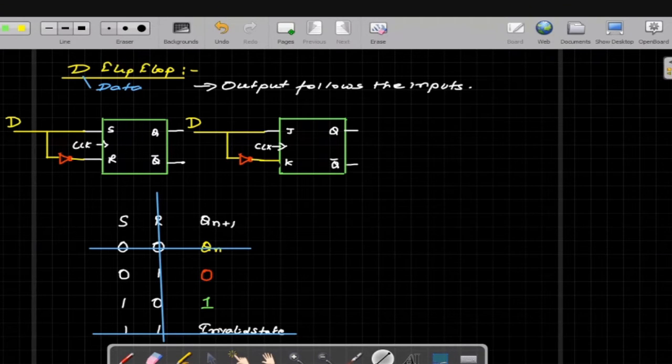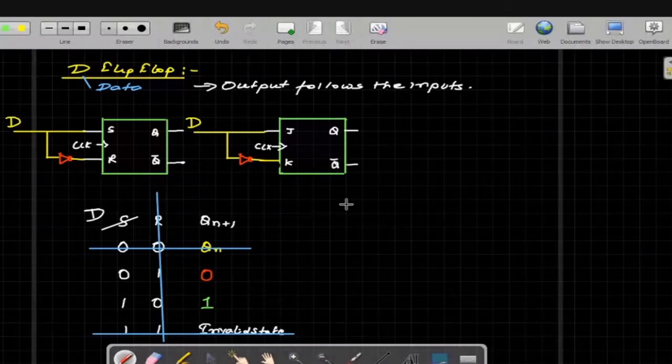Whatever leftover items remain here, 0 0 1 1, this is the corresponding function table of the D flip-flop. In that case I will replace this S by D.